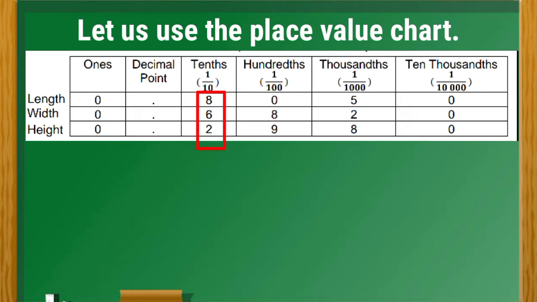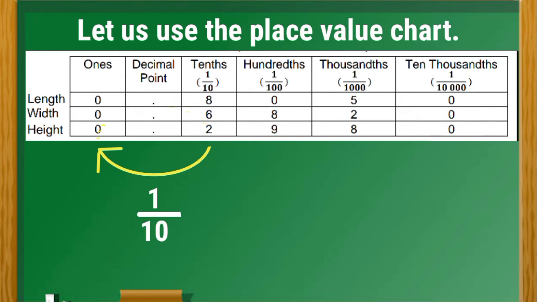The first digit to the right of the decimal point has a place value of tenths. The second digit to the right of the decimal point has the place value of hundredths, and the third digit has a place value of thousandths, and the fourth digit has the place value of 10 thousandths, and so on.